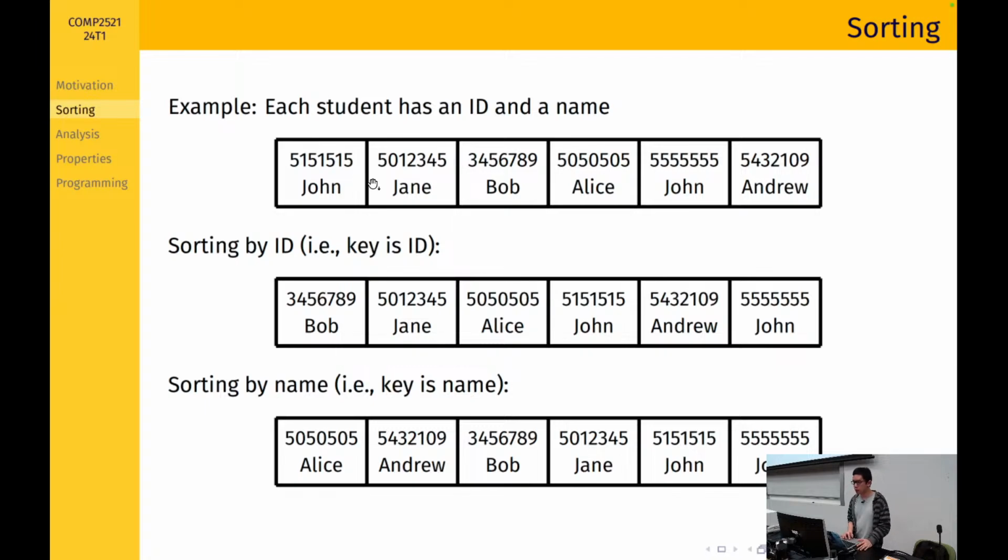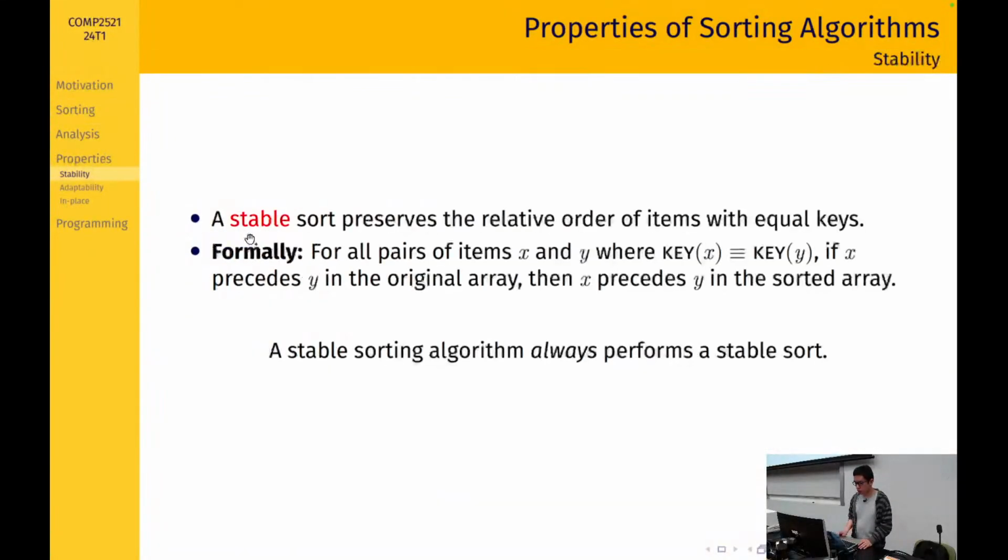So in this case here, where we have our input array of students and then our outputs after we sort by name, we see that the Johns are in the same order after sorting, which means that the sort was stable.